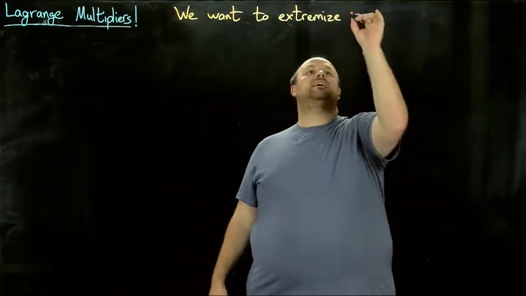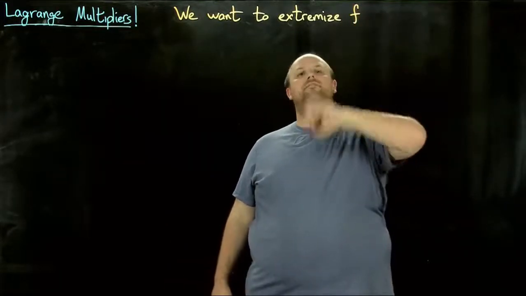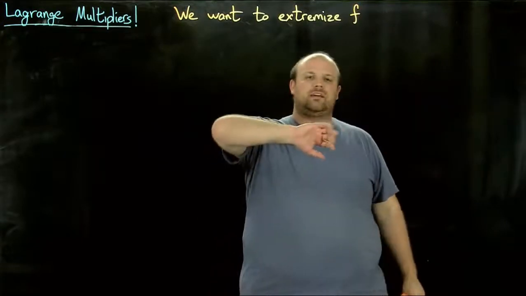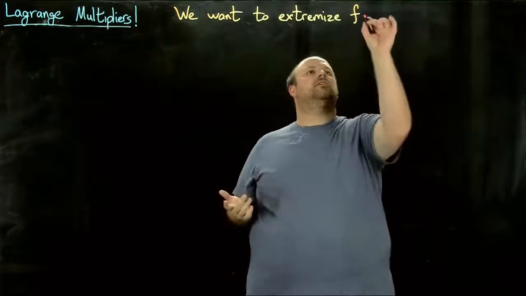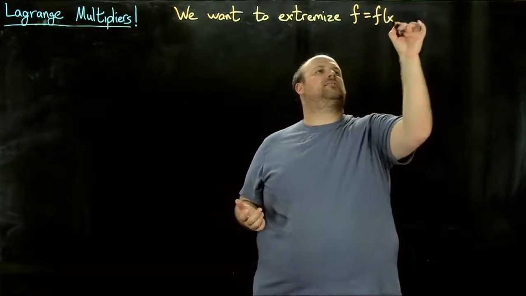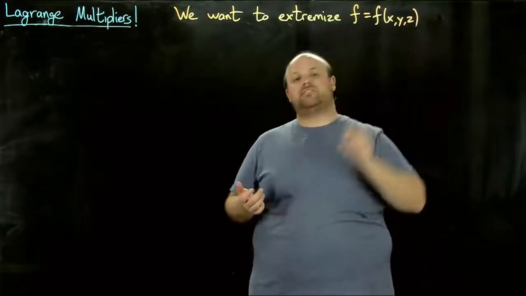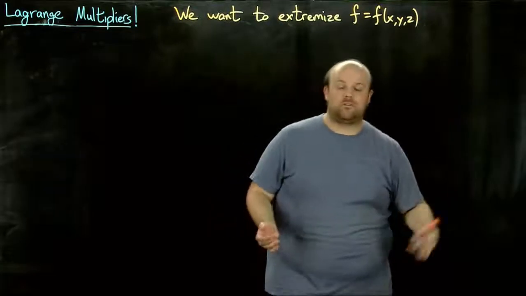So we want to extremize the function f, and it doesn't matter how many variables, but let's say here we'll do it for x, y, z. It could be just x, y, it could be more variables.